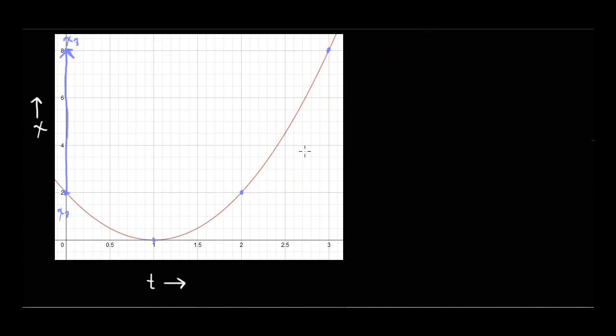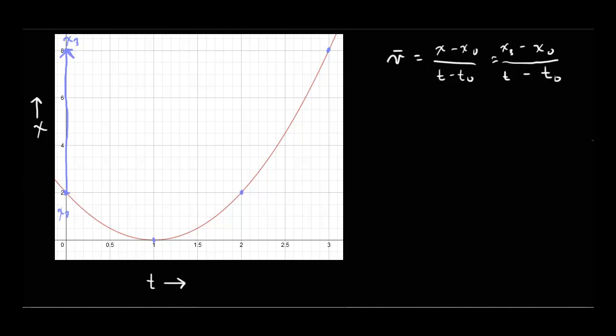Well, if we remember, the average velocity is the change in x, so x minus x naught, over the change in time, t minus t naught. In that case, we'd be thinking about x at time 3 minus x at time 0 divided by t minus t naught, which is, of course, 3 minus 0. Well, what is the meaning of this expression in the graph?